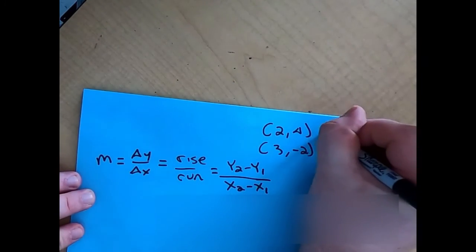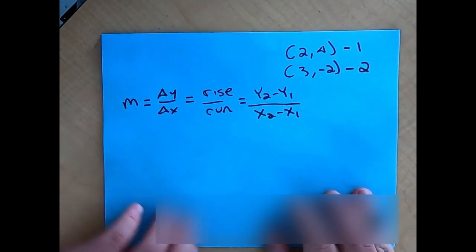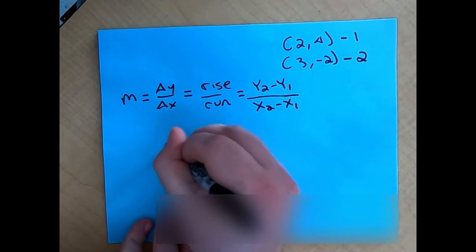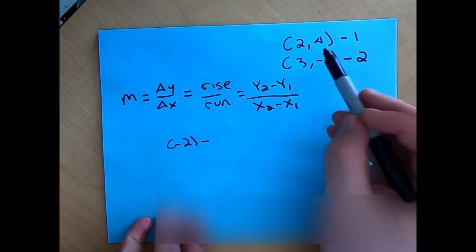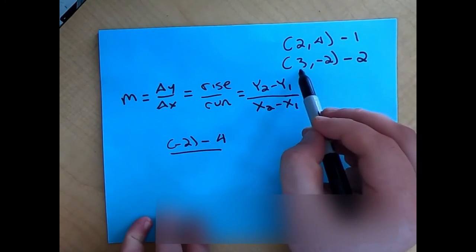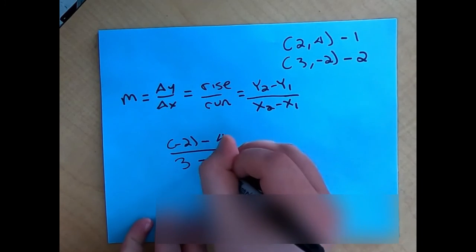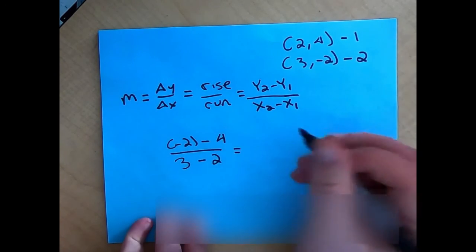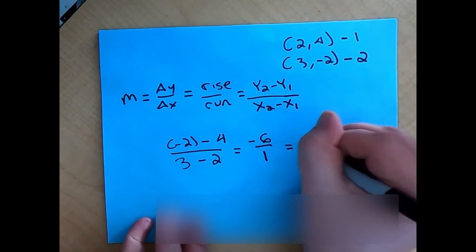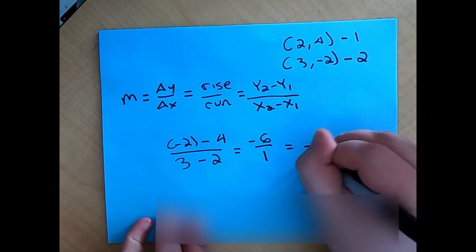So I'm going to denote this as my first point, this as my second point, and then I'm just going to plug them into the equation. y2, negative 2, minus y1, 4, over x2, 3, minus x1, 2. I get negative 6 over 1. That reduces to negative 6. That is my m value.